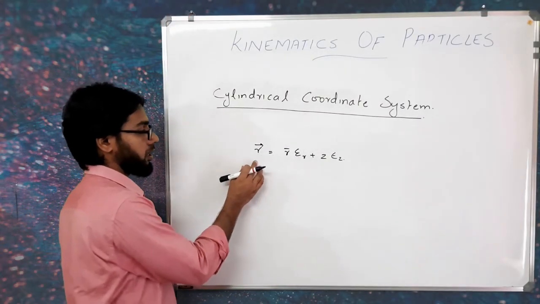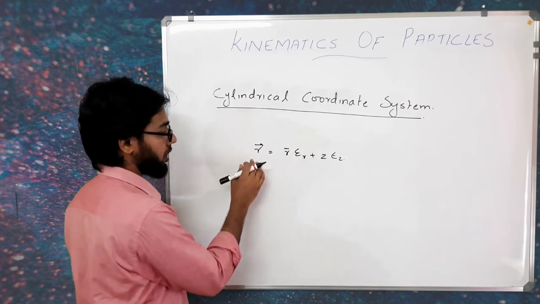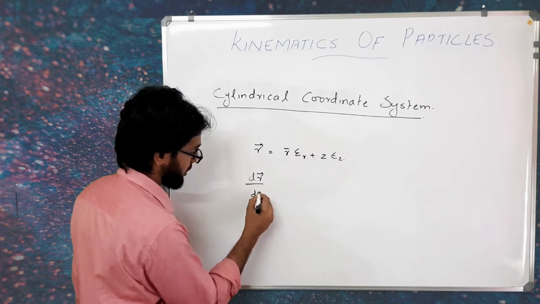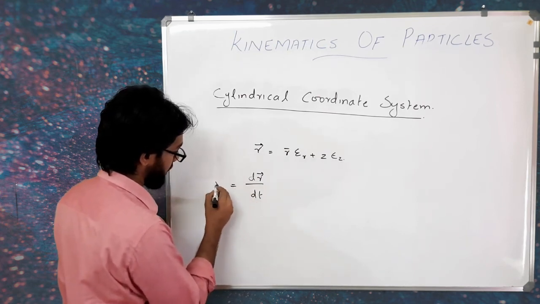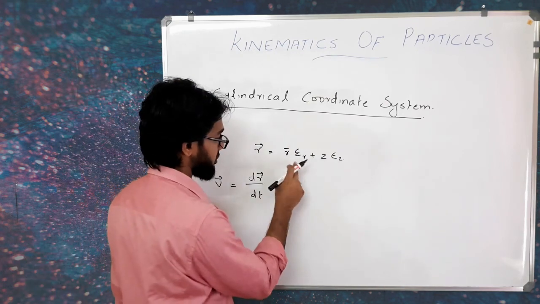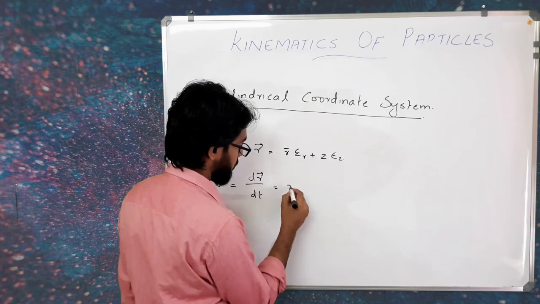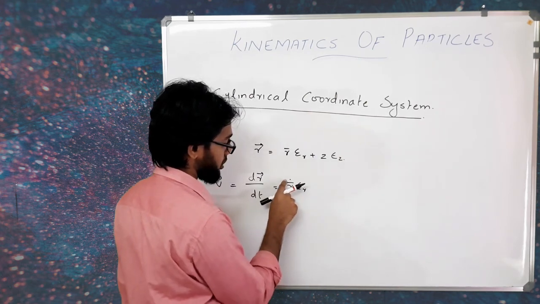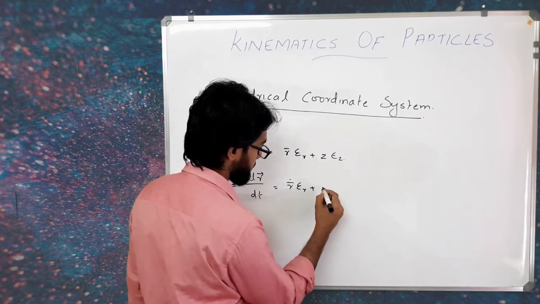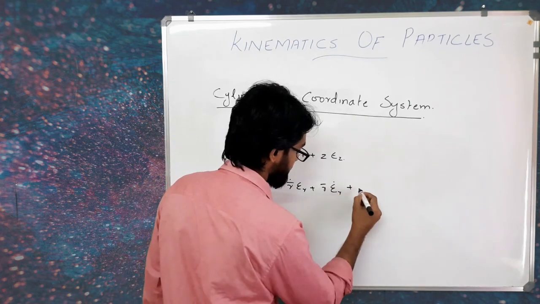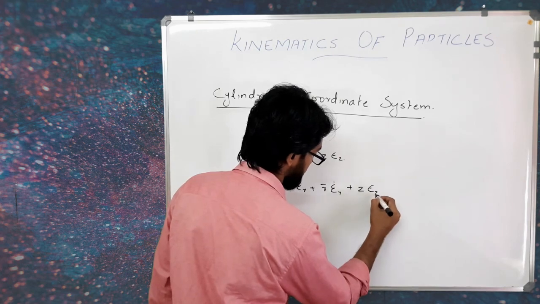Now if I differentiate the position vector r with respect to time, I will get the velocity vector v. Now if I differentiate this corresponding part, I will have r dash dot epsilon r plus r dash epsilon r dot plus z epsilon z.